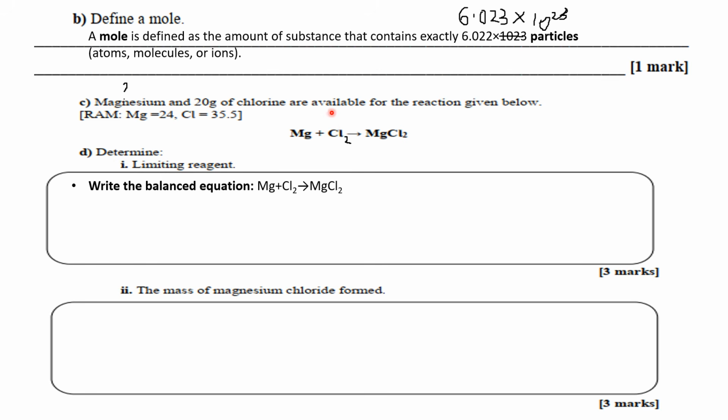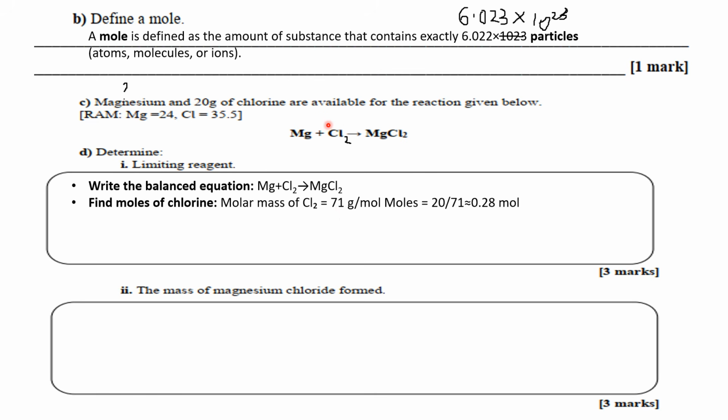That means two of them is going to be 35.5 times 2. So find moles of chlorine. The molar mass of chlorine is 71. 71 is obtained because if you go back to the periodic table, each chlorine has 35.5. 35.5 times 1 times 2 is 71.